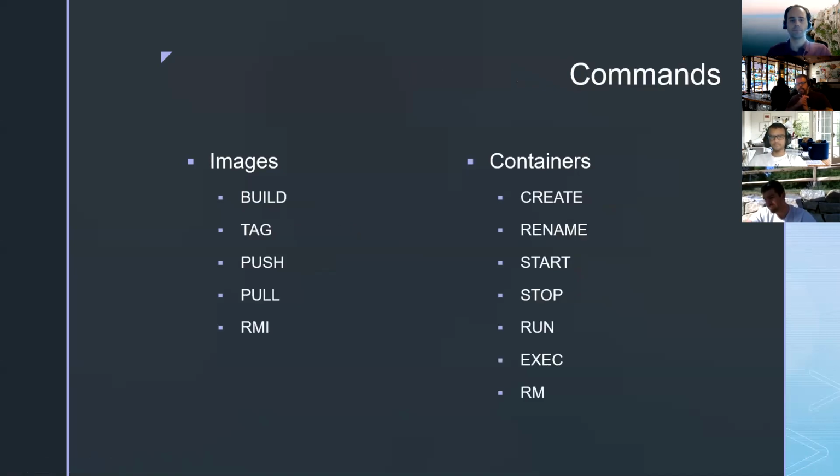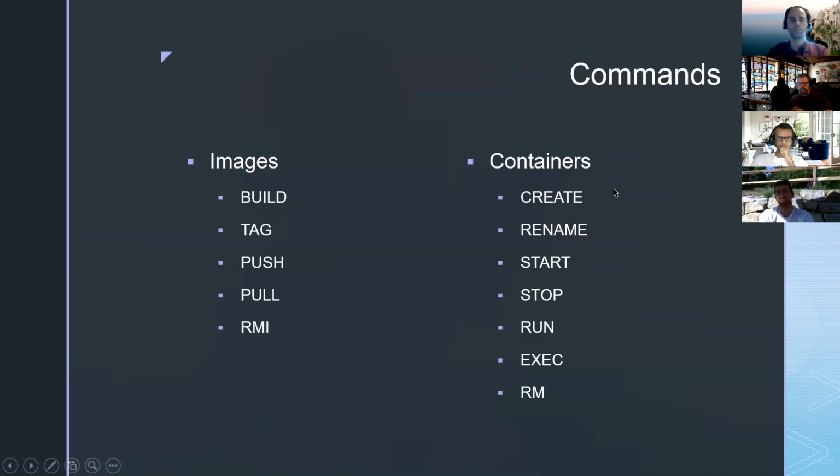I want to talk a little bit about the commands that are used for images versus containers, because that can get very confusing. You build an image, and then you use that image to create a container. You can tag an image, and then you can push it up to, let's say, Docker Hub or Azure, or you can pull it down. And if you want to delete it, there's a remove image command.